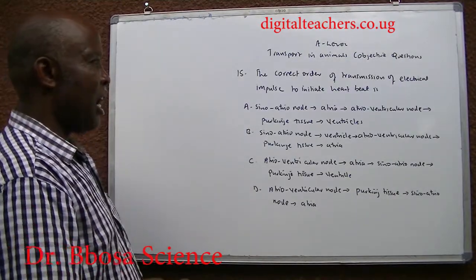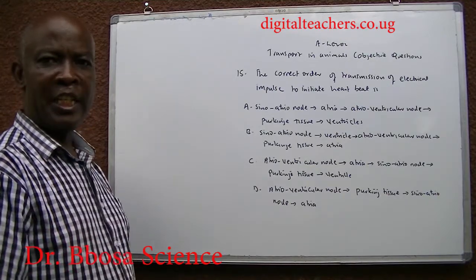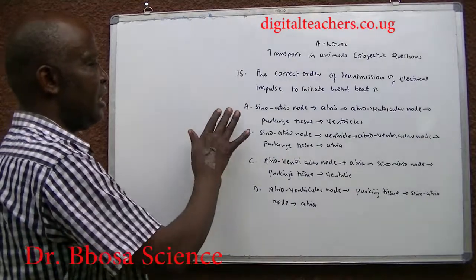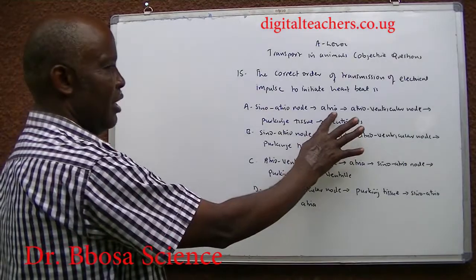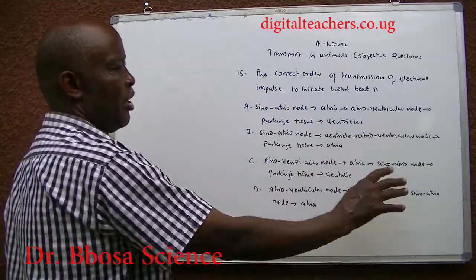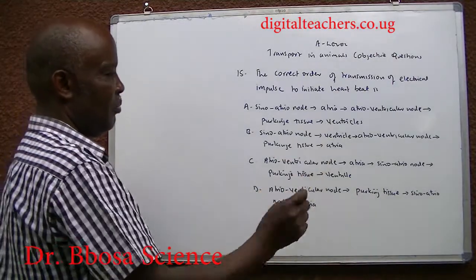Number 15. The correct order of transmission of electrical impulse to initiate heartbeat is A. Sinoatrial node to atria, to atrioventricular node, to Purkinje tissue, to ventricle.